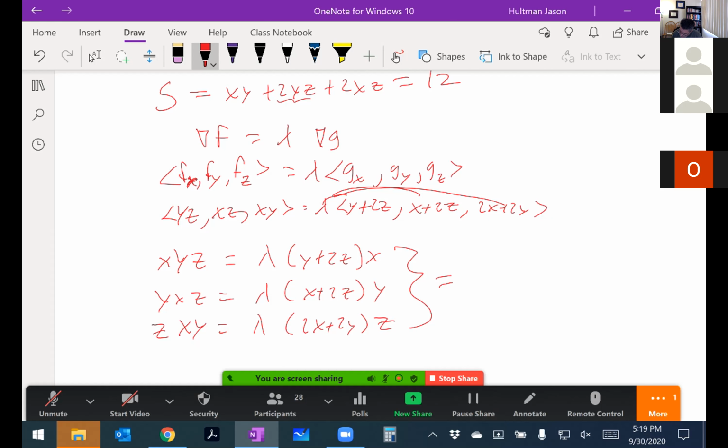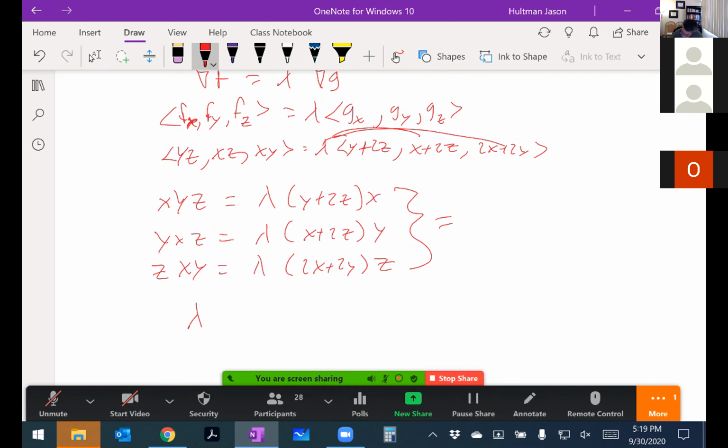I could say that lambda x times y plus 2z is equal to lambda y times x plus 2z is equal to lambda z times 2x plus 2y.